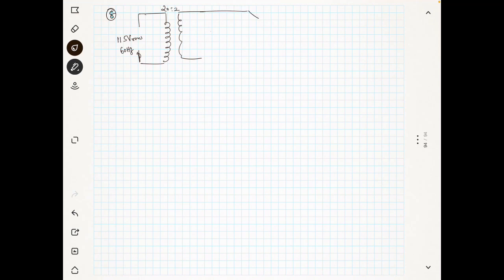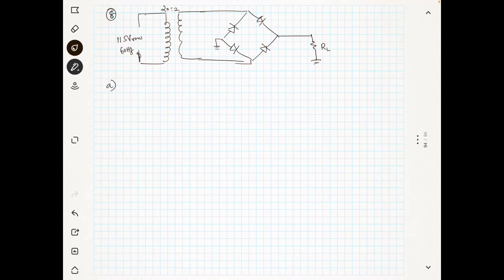Now I will draw the bridge rectifier with 4 diodes. You know that there are 4 diodes for the bridge rectifier, and the diodes will be connected as shown in the figure. I will take the output from here, and this is the load resistance RL. It is asked to find out many things.